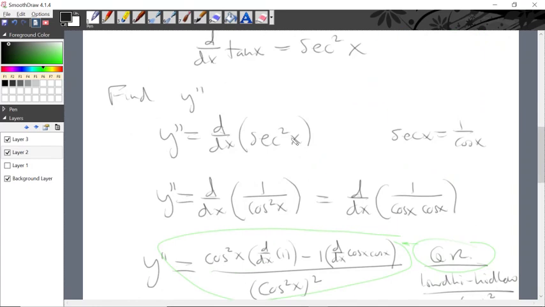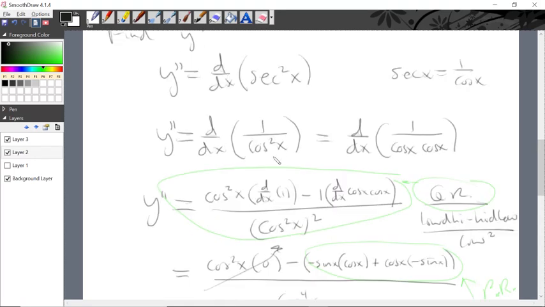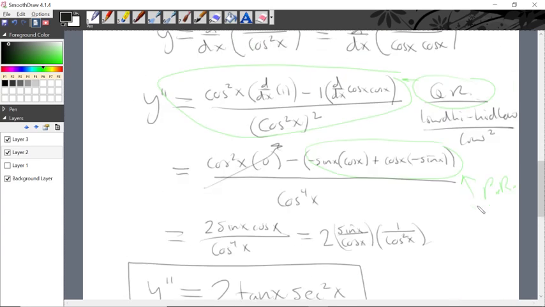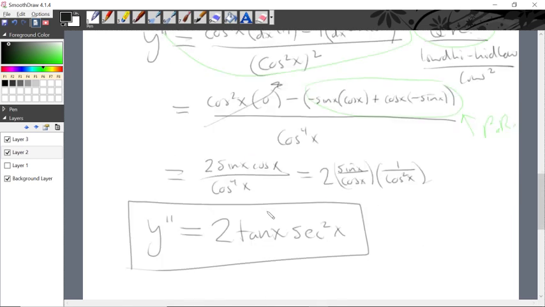In order to deal with the square, at this point we had to write it as a product, but we didn't have the derivative of secant x. We can find the derivative of secant x, but we didn't have it yet. So instead I wrote secant in terms of cosine. We had to use a quotient rule and a product rule. We also had to use some basic identities in order to get this particular simplification right here.